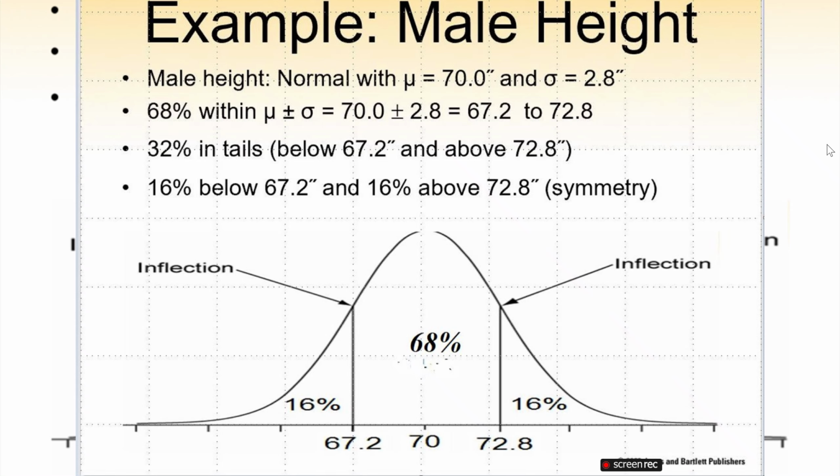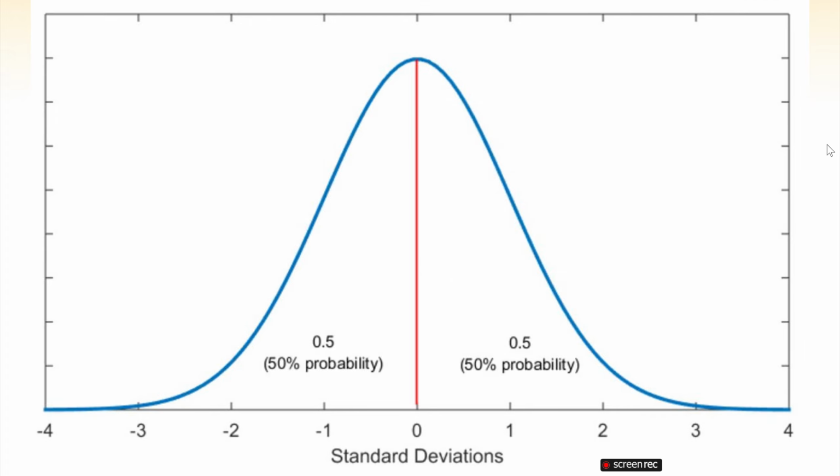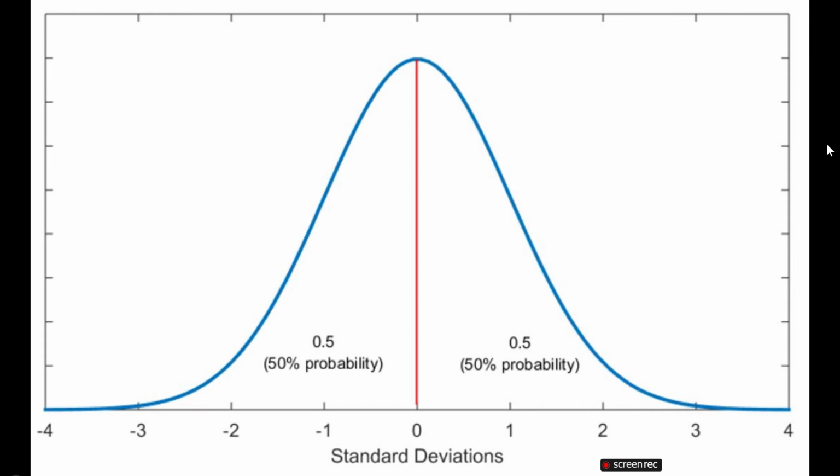So dividing 32 is what gave us 16% to the right and 16% to the left. And that implies that the normal curve is symmetrical, that is evenly divided. If you divide it along the line of the mean, you're going to have 50% to the right and 50% to the left.